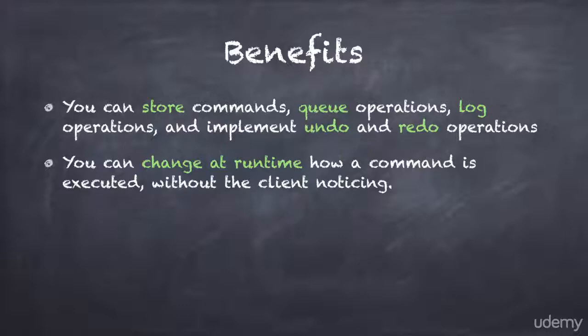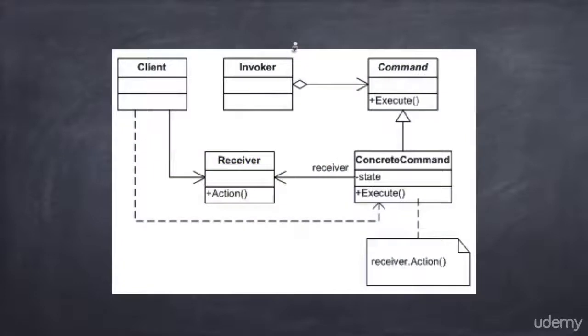Here is the UML diagram of the command pattern. The command class at the top of the diagram acts as the abstract base class for all commands. It defines a single method called execute, which will execute the command.